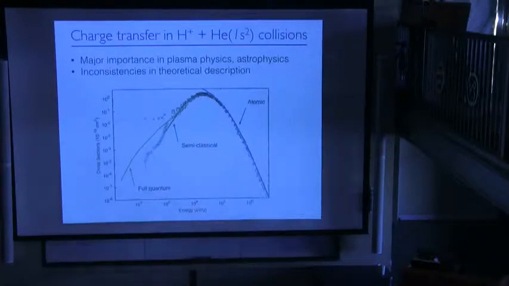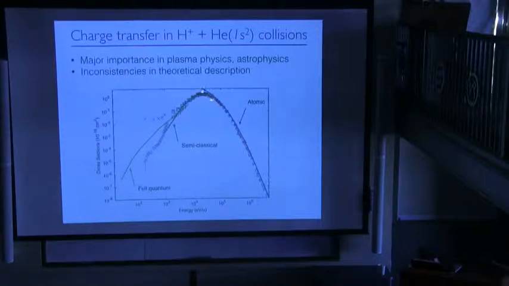Okay, so here is an example. It's not the reaction I mentioned previously, but it's the opposite one, proton plus helium. For that system there are a lot of experimental data over a very large energy range. These were three types of calculations performed previously, not by me. Basically in each energy range you have a method that describes quite well what's going on.